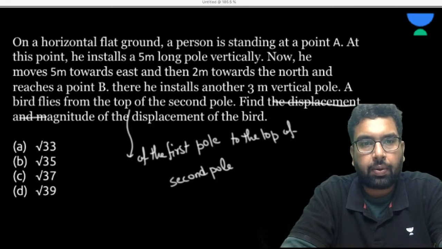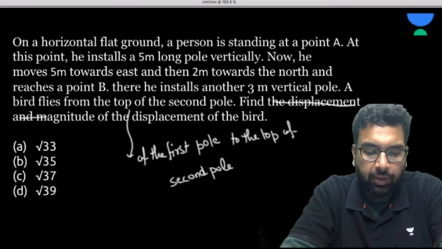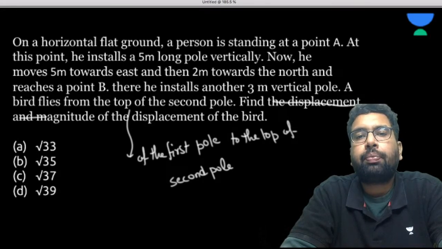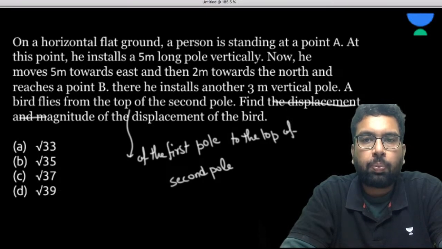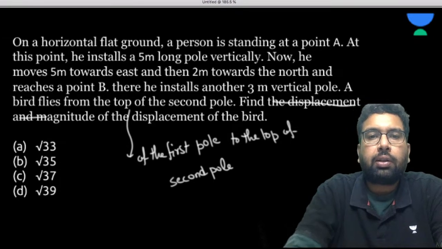Yeah, very good. So if we can draw the diagram, then we have to find the displacement vector. On a horizontal flat ground, a person is standing at a point A. So let's draw the diagram.